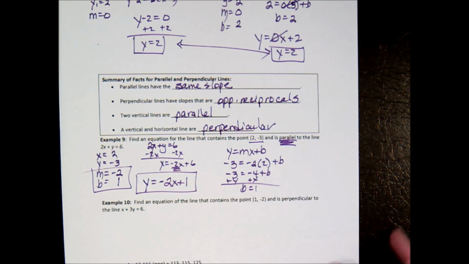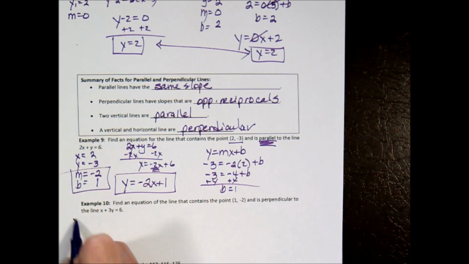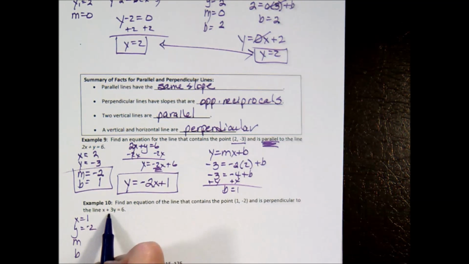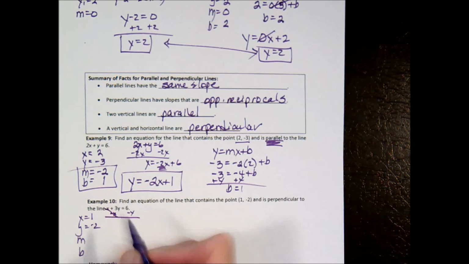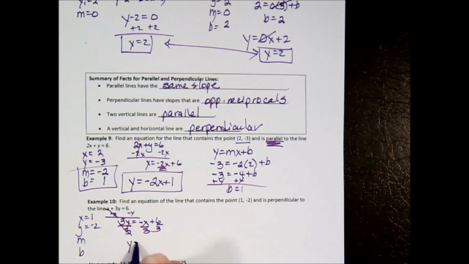The last one, find the equation of the line that contains this point. I'm going to go x, y, m, and b. X is 1, y is negative 2. It's perpendicular to this line. So if I solve this equation to find its slope, now I'm going to divide everything by 3, and I get y equals negative 1/3 x plus 2. This slope is negative 1/3, negative.